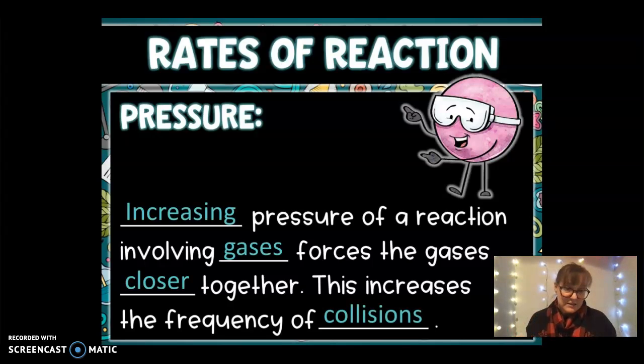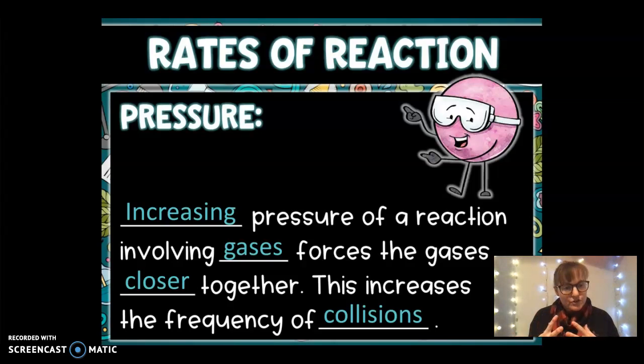If you can't increase the concentration because you don't have any more, you could increase the pressure. Now, this isn't always easy, and often you need to have a lab to do that, but you could increase the pressure of the reaction, causing the particles to be closer together and therefore forcing more collisions to happen.